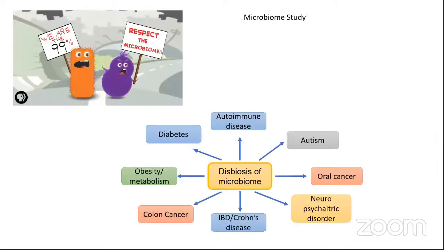As I have discussed in my previous talk, the microbiome occupies almost the entire Earth's surface and, of course, the environment, and it is a very essential part of our lifestyle.